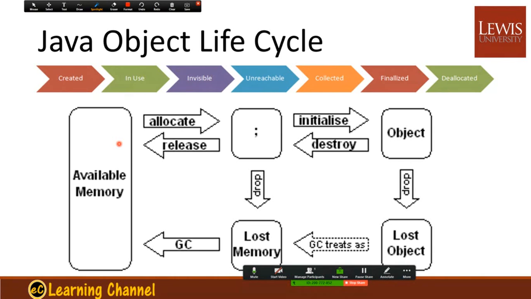You may have an object that originally had a reference pointing to it, but once you lose the pointer, the object becomes lost, nobody is referencing it, and the garbage collection mechanism will pick it up later, mark it as lost memory, and put it back to the available pool.